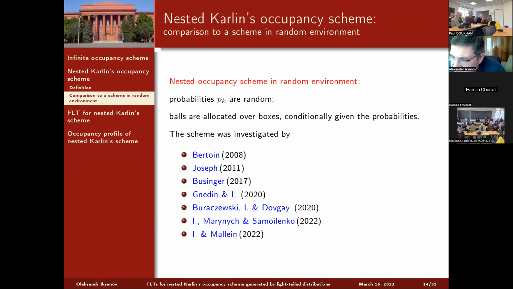If you consider an occupancy scheme in random environment, that is with random probabilities, then everything is driven by randomness of the probabilities only, whereas the influence of randomness of sampling is not seen at all. So these two occupancy schemes are driven by absolutely different sources. Thank you.